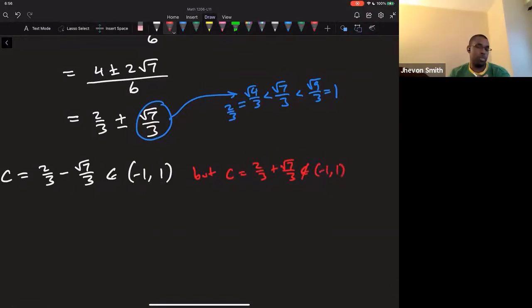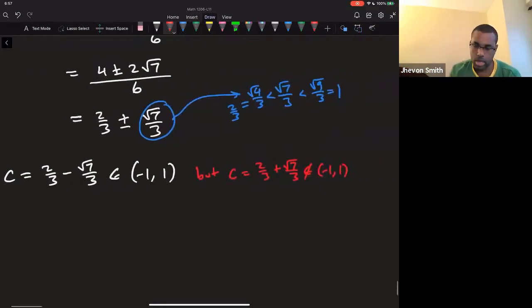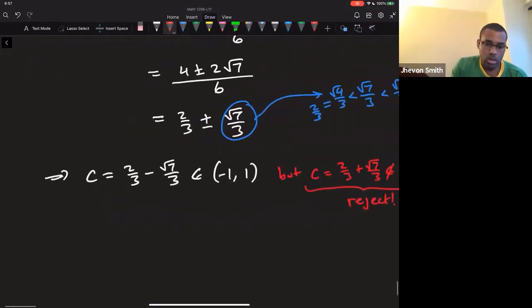Because that's going to be bigger than 2/3 plus 2/3, which is 4/3, which is already bigger than 1. So that's not going to work. Reject. So that's the c we want.